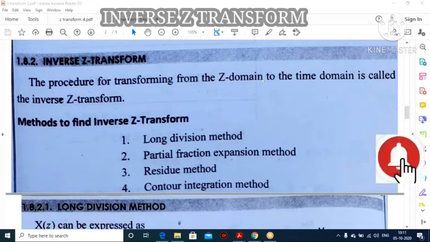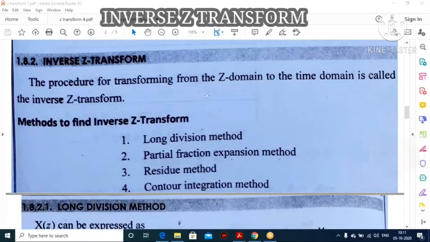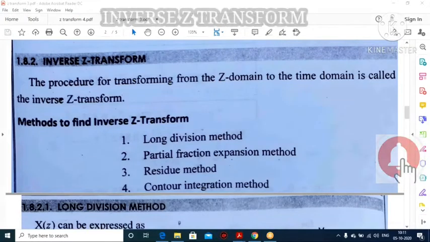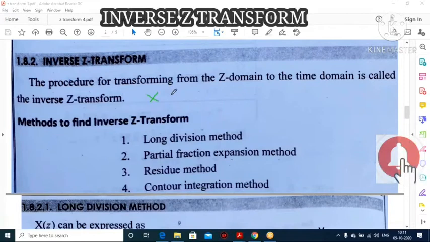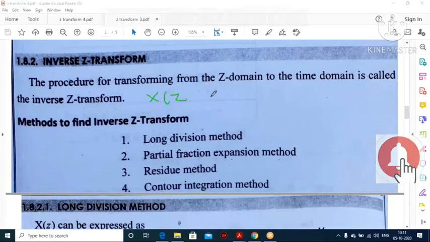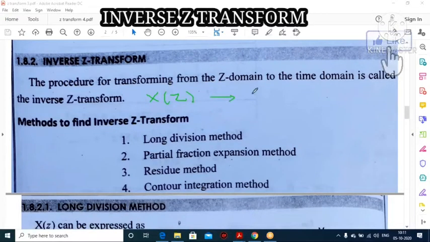X of Z to x of n. This process we call inverse Z transform.